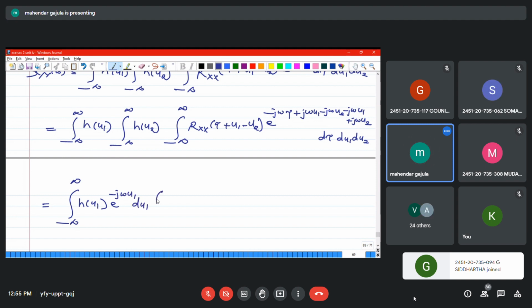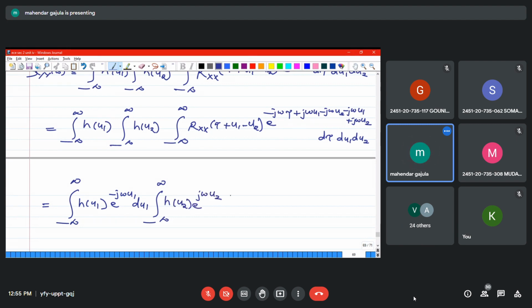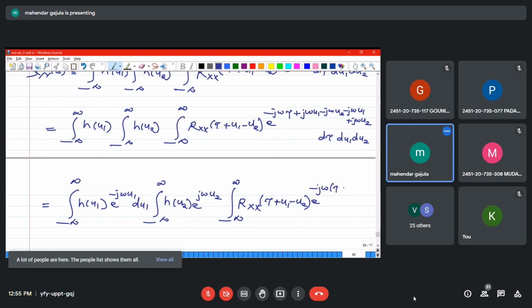I am splitting: integration from minus infinity to plus infinity h(u2) e^(jωu2) du2, and integration from minus infinity to plus infinity R_xx(τ + u1 − u2) e^(−jω(τ + u1 − u2)) dτ.